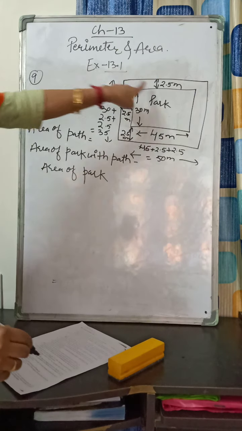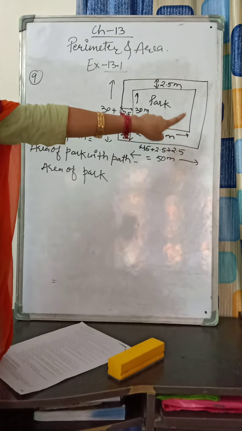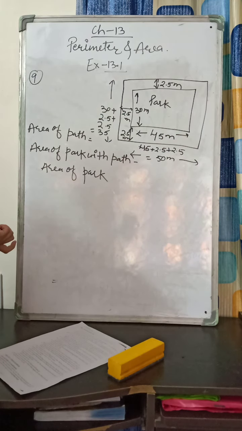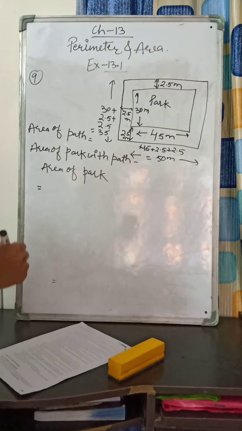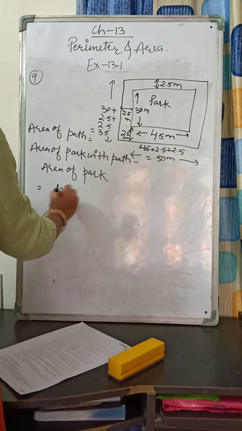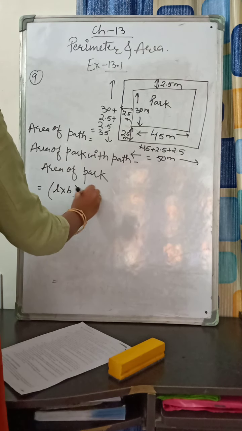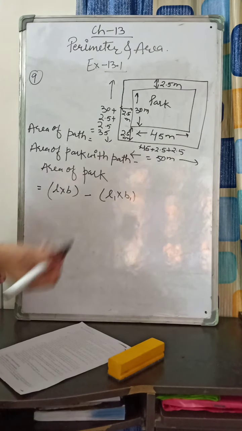When we subtract the area of the park from the area of the park with the path, we can find the area of the path. So the area of the park with path is length into breadth, minus L1 into B1.